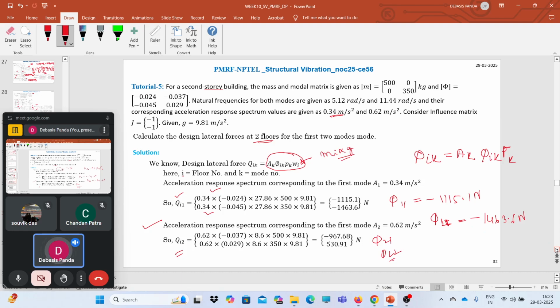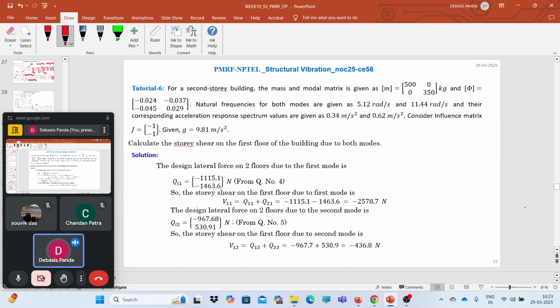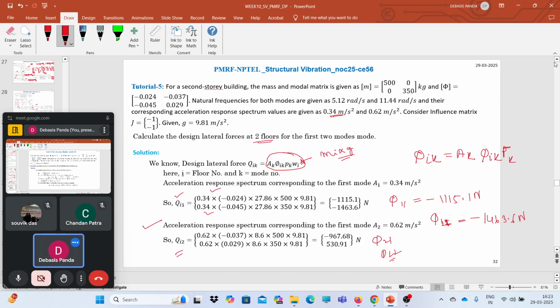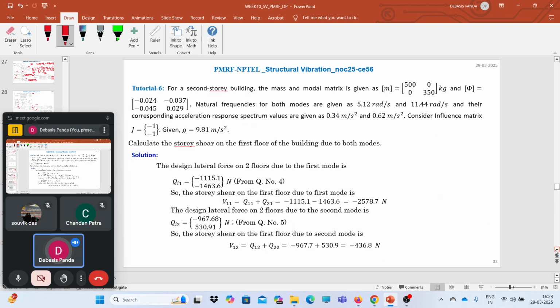Now, using the concept of the response spectrum also, once we have the lateral forces, here we consider the design lateral forces, we can calculate the Storey shear also. So Storey shear is nothing but we just need to add them, like Q11.